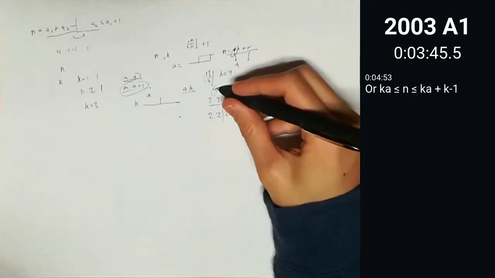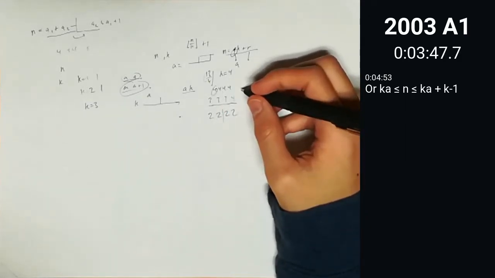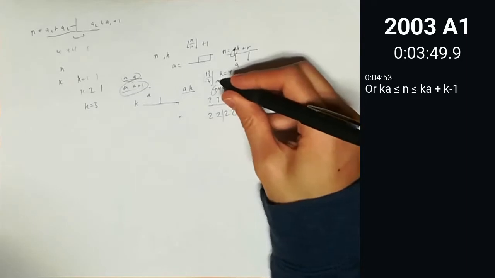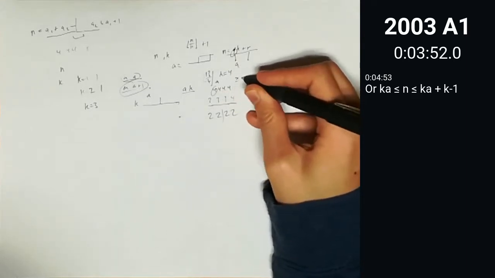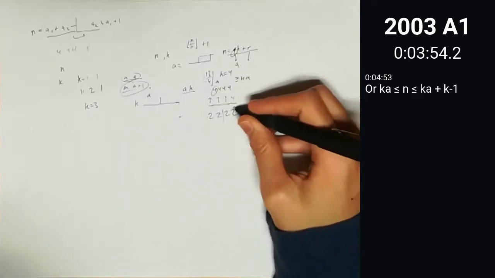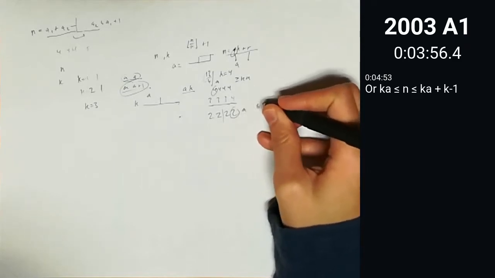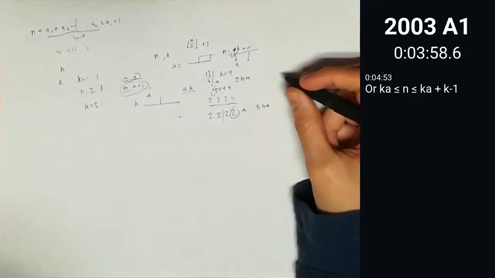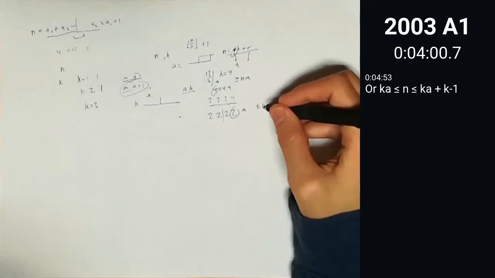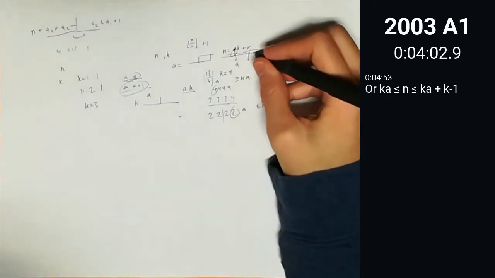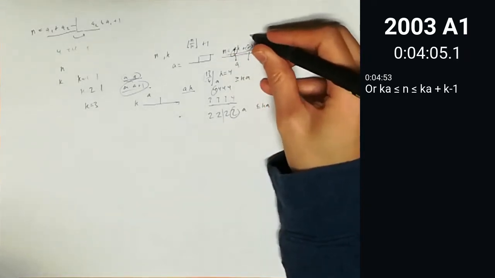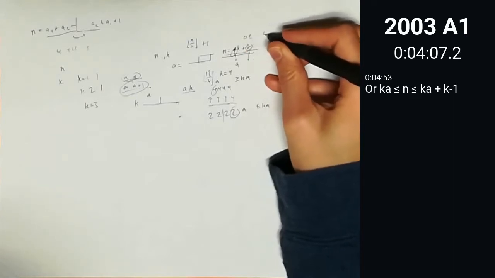So if the smallest number is a, then the total sum is at least ka. If the biggest number is a, then the total sum is less than or equal to ka. And we know that n is equal to kq plus r, where r is between 0 and k.